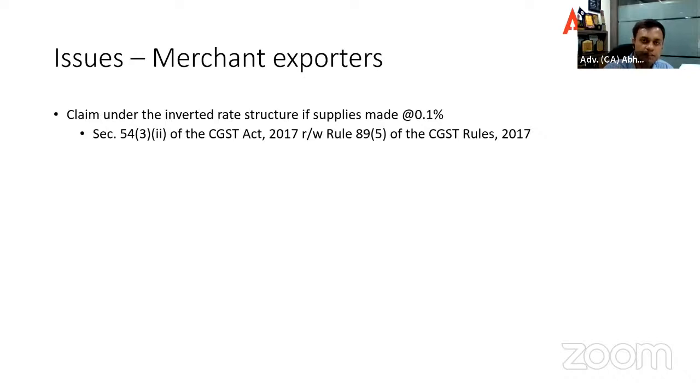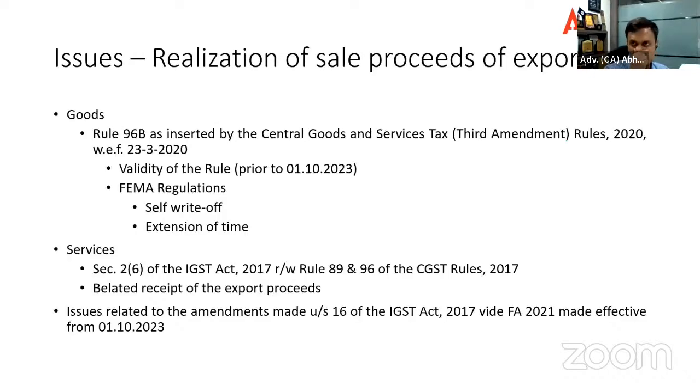The rate of tax on outward supplies is 0.1. So as long as I am having inputs which carry a rate higher than 0.1% and resulting in the accumulation of credit, then in that situation, such persons should be able to claim the refund of the accumulated credit under the inverted rate structure by taking recourse to section 54(3) clause 2, read with rule 89(5) of the CGST rules.